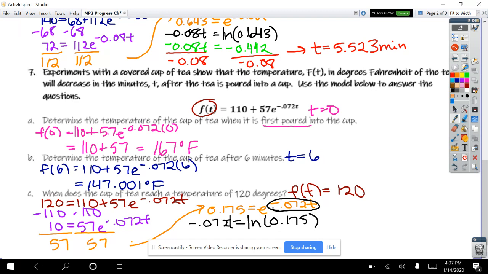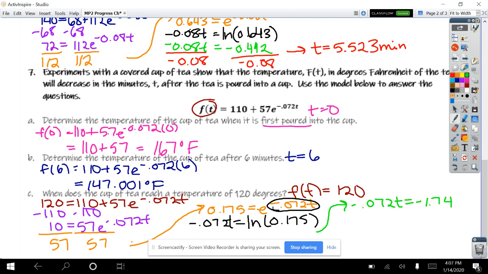I'm not going to show this in the calculator, but you should get, I'm running out of room again. Sorry, this is messy. Negative 0.072 t equals, if you put that natural log in the calculator, you get negative 1.74.